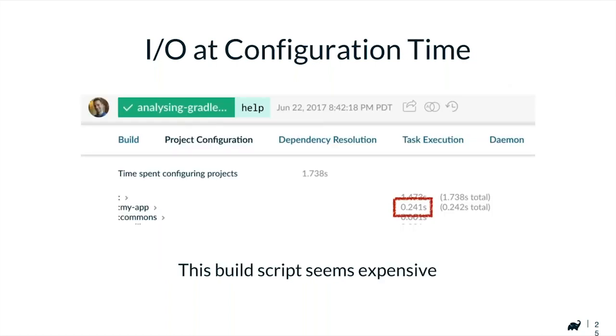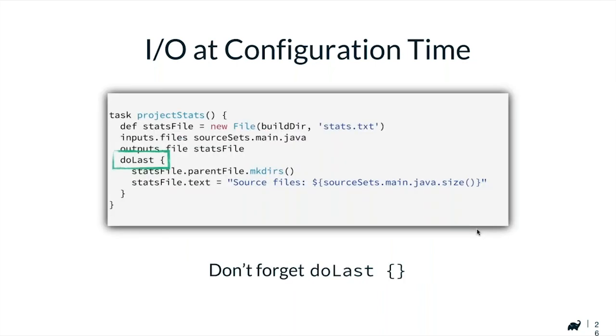And I actually see that in the build scan. I see, hey, my app build script is taking 240 milliseconds. That's because I'm walking my whole source tree at configuration time. So by wrapping this in doLast, I'm only doing it when the task actually executes. But again, I don't really like this ad hoc scripting.